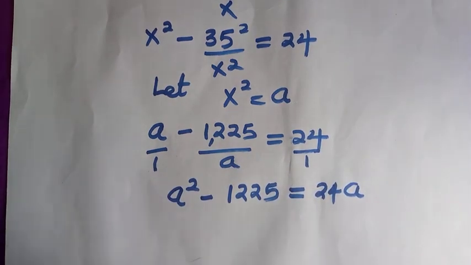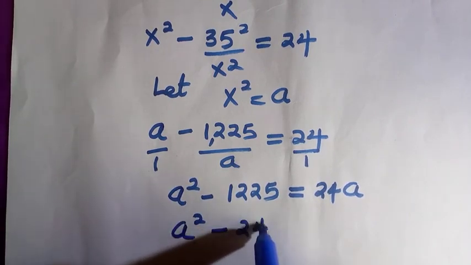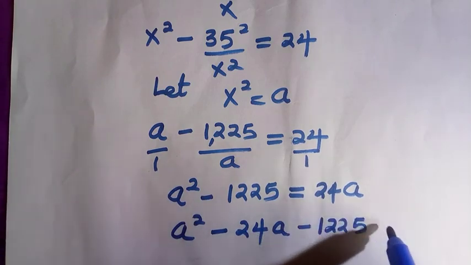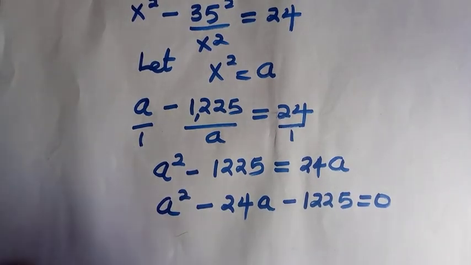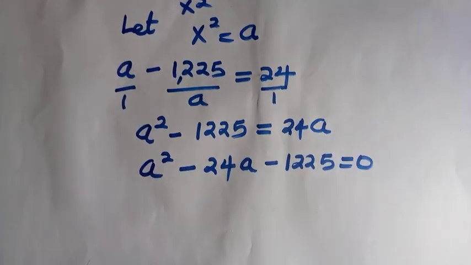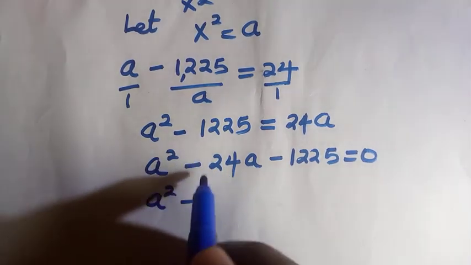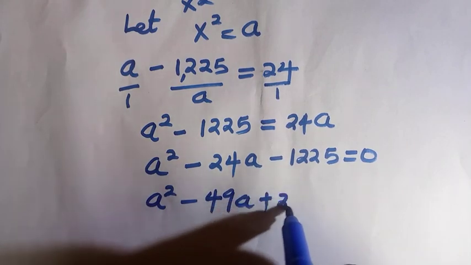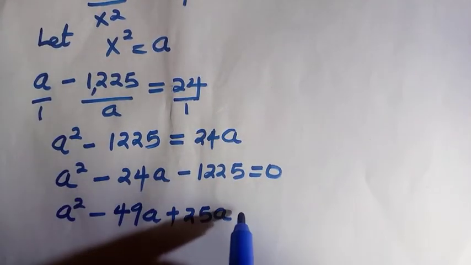And we try to collect the like terms. Then we have a squared minus 24a minus 1225 equals 0. And this equation is a quadratic equation because of the power of a squared. This equation is factorizable, and the factorization is 49a minus 25a, so these give negative 24.